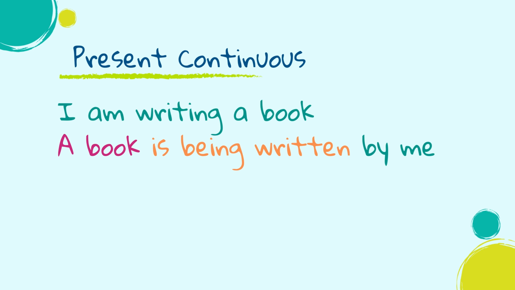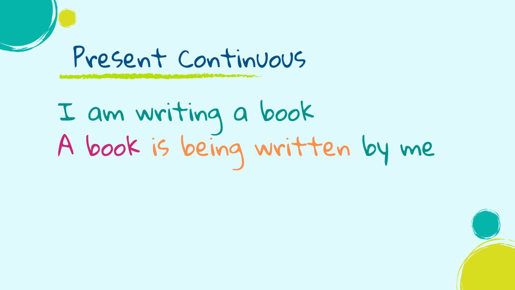But we need an additional word, being, right here in the middle to represent that this is continuous or in progress. So we extract the ing here to be right here: is being written. Is being written, the word being is to emphasize that this is continuous.